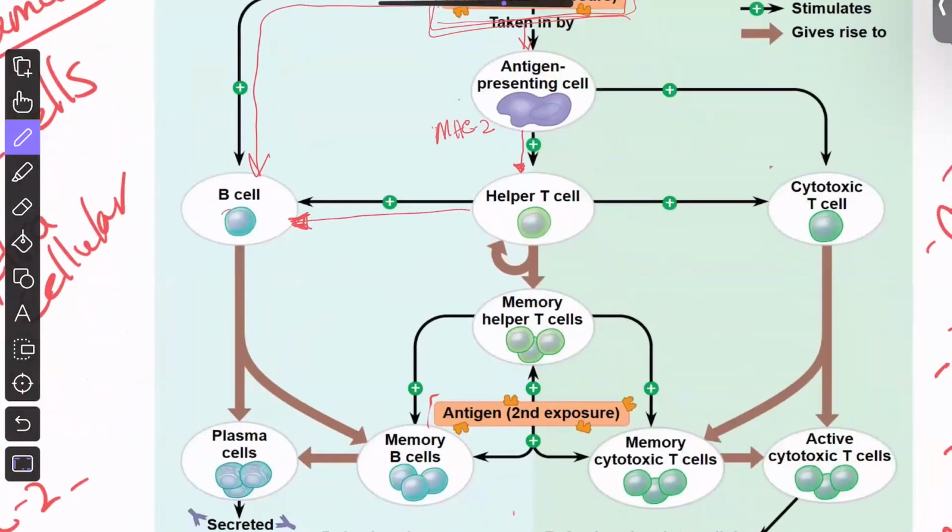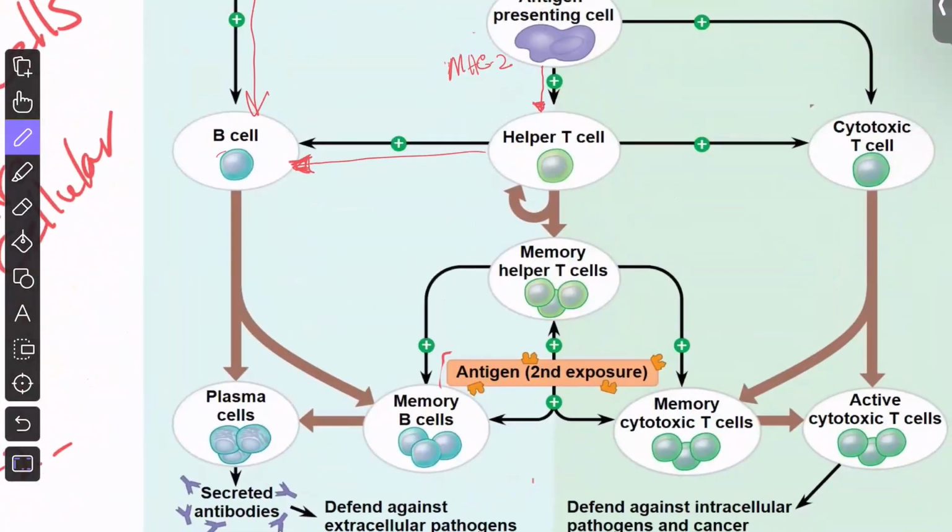The helper T cell is also going to stimulate B cells, right? And all of those well-stimulated B cells are going to do two things. They're going to give rise to memory B cells that remember that extracellular pathogen, and they're going to give rise to the effector cells, the plasma cells, which are then going to secrete antibodies and go out and fight those extracellular pathogens.